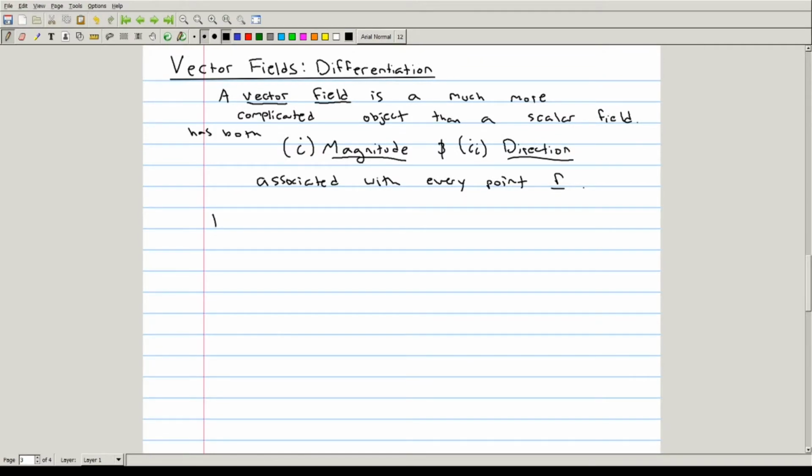And the curl of the vector field, so I'll kind of summarize this here. Two main ways of measuring the local rate of change, or say local change, in a vector field.